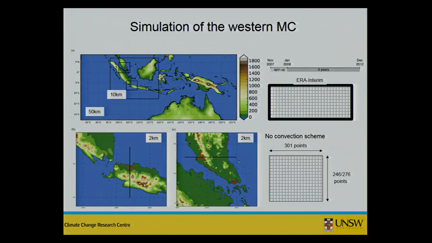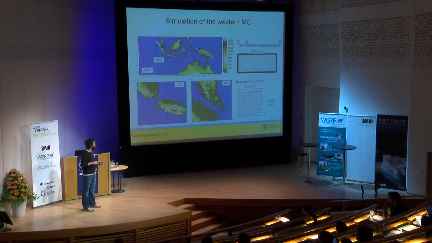These are driven by ERA-Interim, and we have 5 years of data with a 2-month spin-up. All the results I'll be showing are an average over the 5 years. I will focus my talk on this area, but what we get for Jakarta is fairly similar.